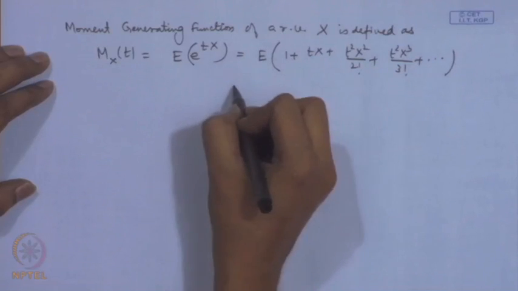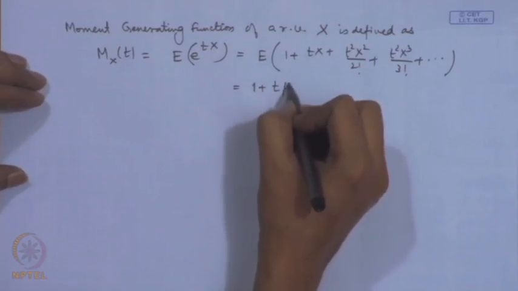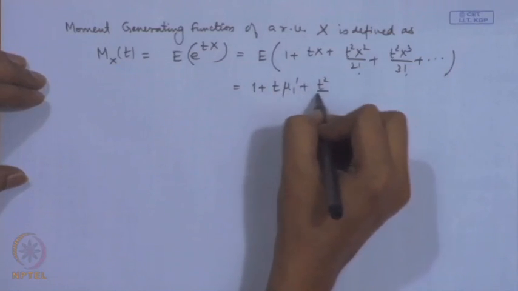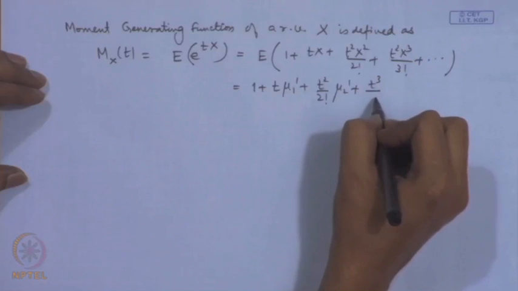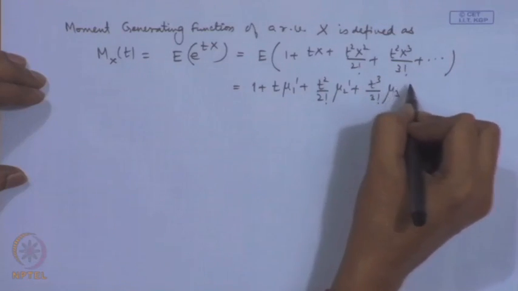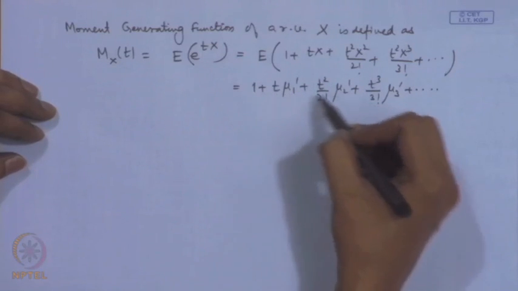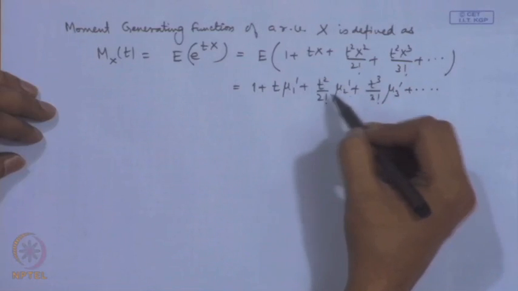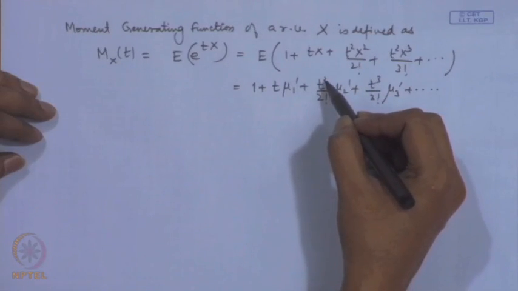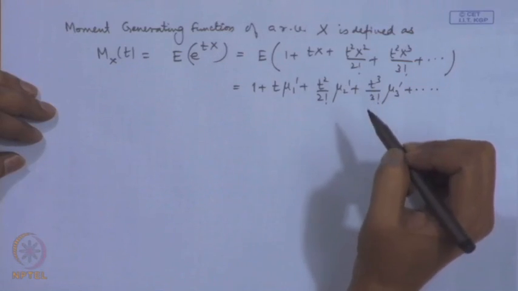and apply this expectation linearly, then you get t expectation x, that is mu 1 prime plus t square by 2 factorial mu 2 prime plus t cube by 3 factorial mu 3 prime and so on. That means, the series that we are getting is an infinite power series in t with the coefficient of t to the power k by k factorial as the kth non-central moment.